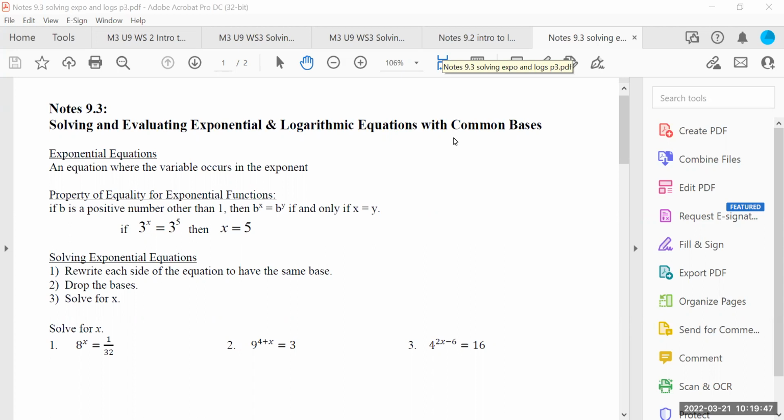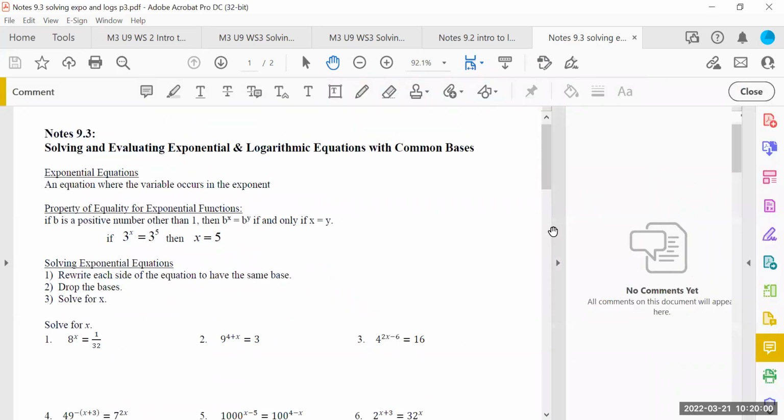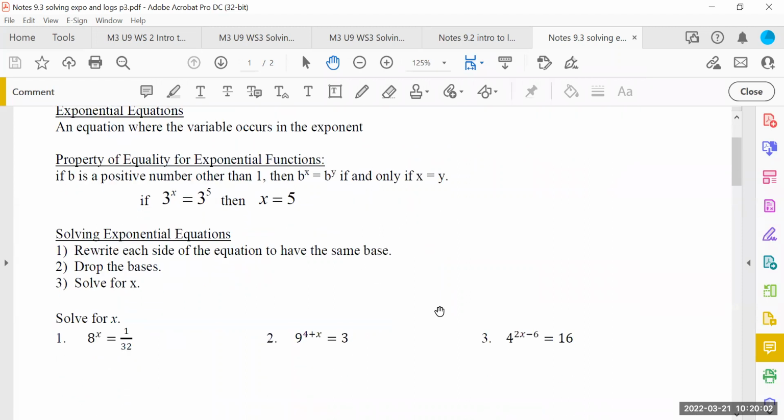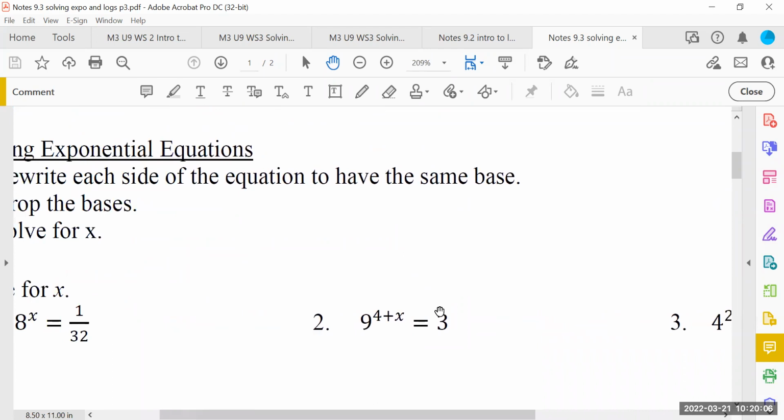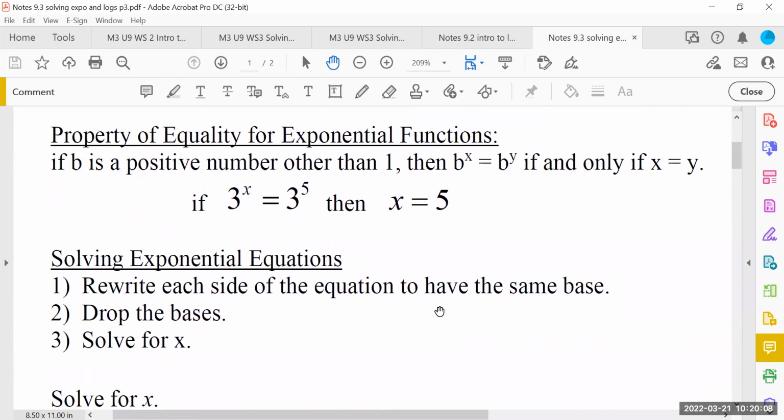Most of what we're doing today is just rewriting what we're given. Can we rewrite it in a way that we recognize and that we can solve easily? So for example, is everybody good with the fact that if I have an equation where there's an exponent on both sides, for example, 3 to the x power equals 3 to the 5th power, does everybody understand that x has to be 5?